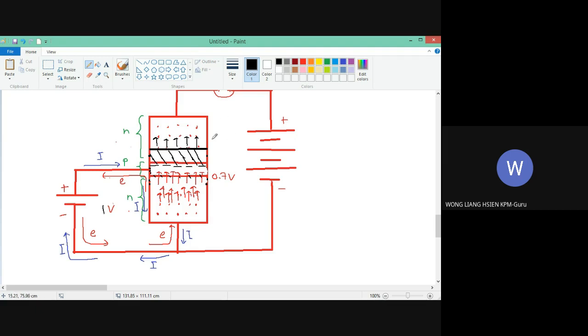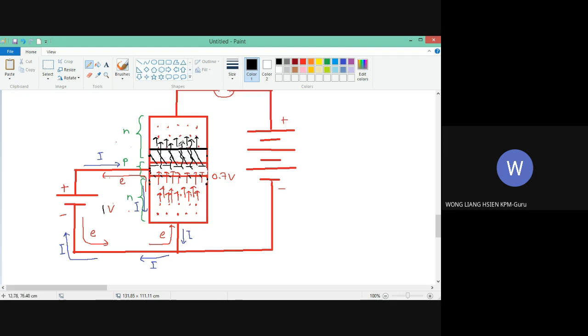And then because of the positive here, this is strong positive, right? So this strong positive will be able to pull, because this side becomes narrow already. Some of the electrons will be able to be pulled and pass through this junction.